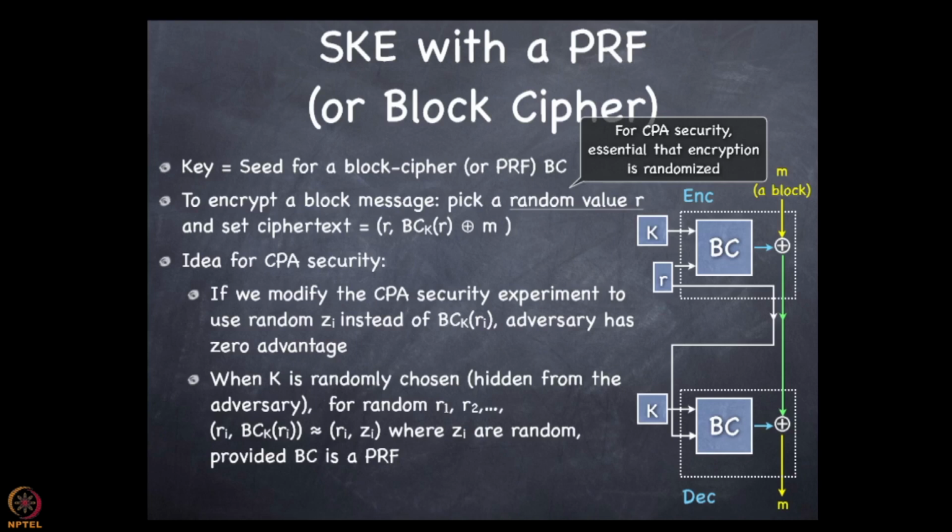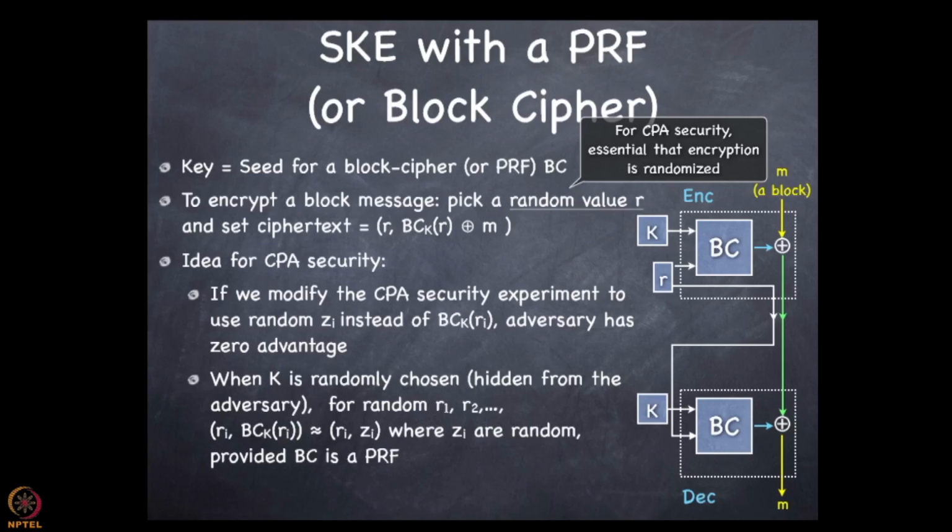So why is that the case? I said it has to be randomized, but what could go wrong if you use a deterministic encryption algorithm? How can an adversary in the CPA security game get a big advantage if it's a deterministic encryption algorithm?